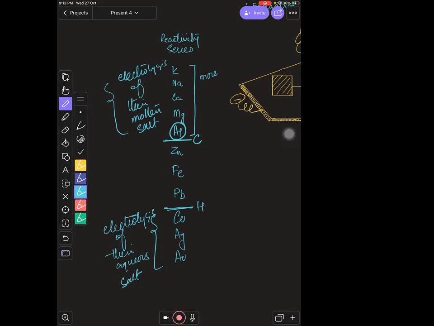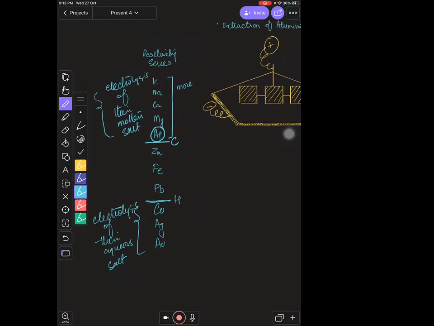We can only extract highly reactive metals by electrolysis. It is the condition to use this, and other than this process, we are not able to use any other process to extract them. That is why we proceed with electrolysis for the initial 5 metals that are highly reactive.